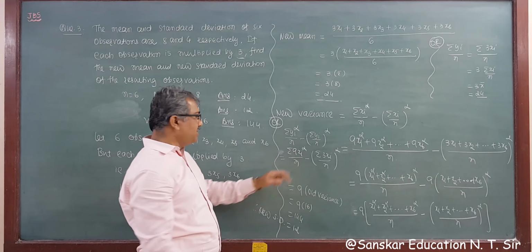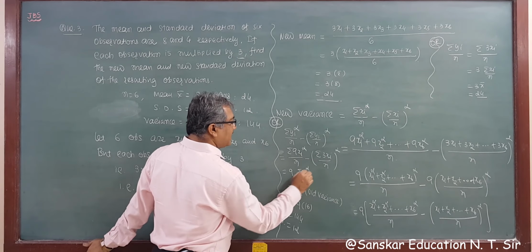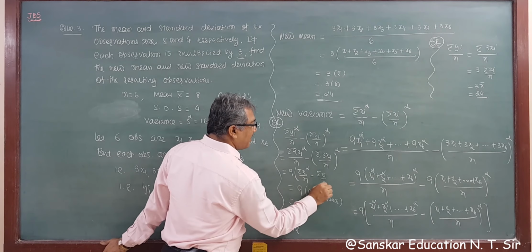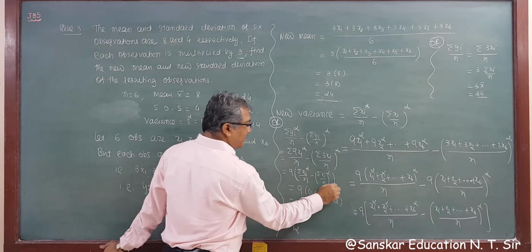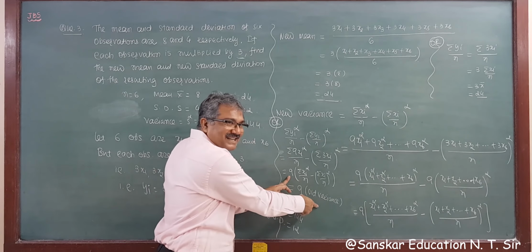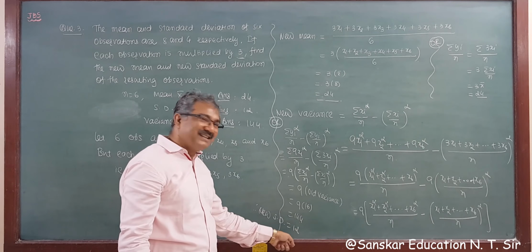So 9 is a constant, so take 9 outside: 9 sigma xi square upon n. Also 9 is common from here, so we are taking 9 common: minus sigma xi upon n whole square. So again this is the old variance. So this is 9 into the old variance, and you can get the answer easily.